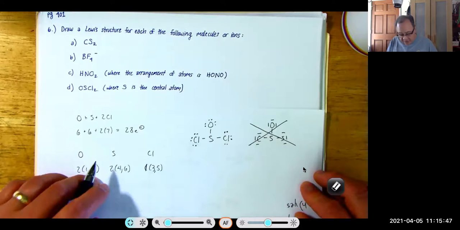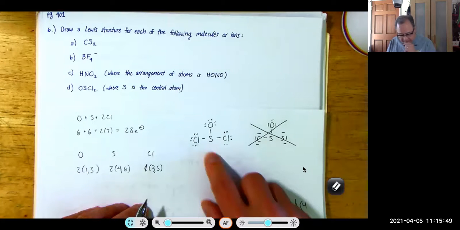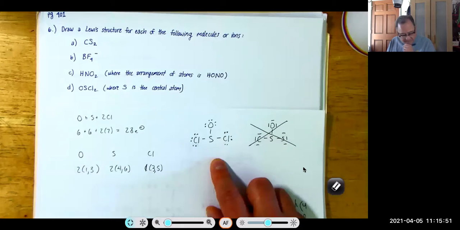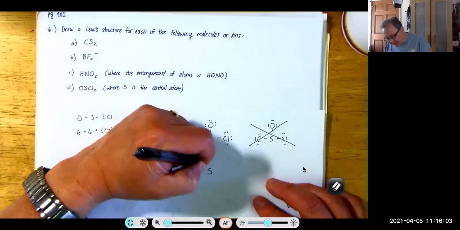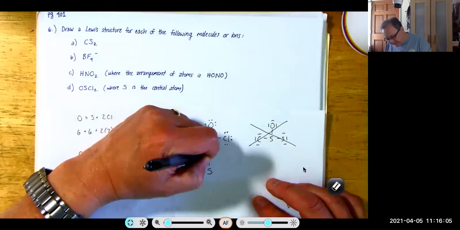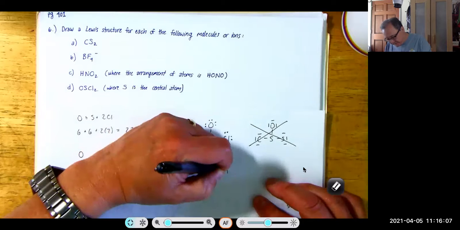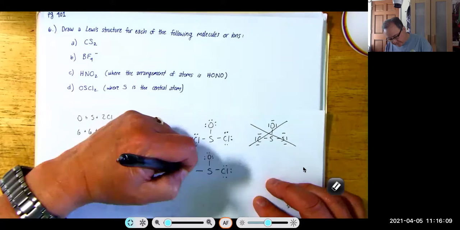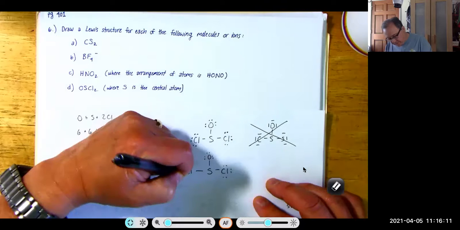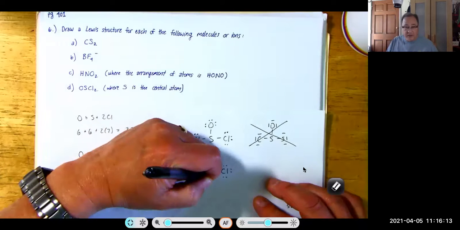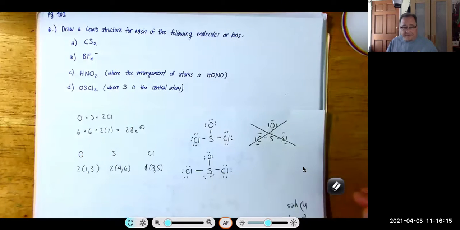How many electrons have we used here? 24. So it looks like we've got to do something like this. We put the rest on sulfur.